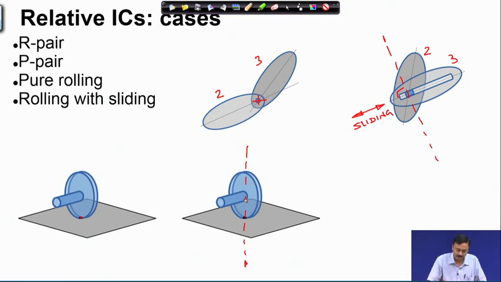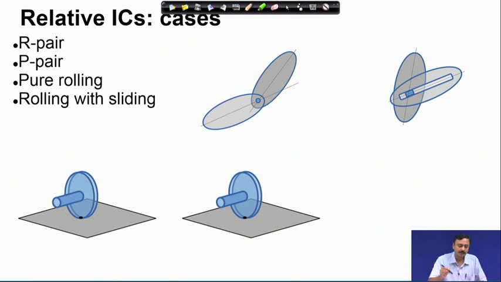Why? Because when it is purely rolling, it must be at the point of contact. When it is purely sliding, when it is only translating and sliding, it must be at infinity, either in the upward or downward direction. So, in between, if it is rolling and sliding, it will lie on this line somewhere.